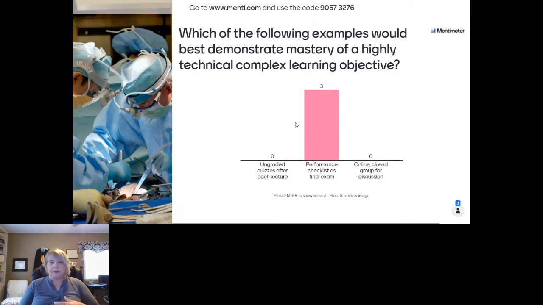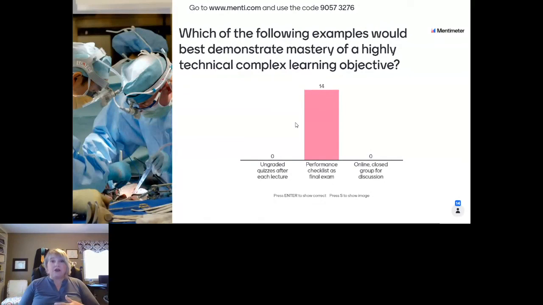Okay, absolutely. So that performance checklist cannot be overstated, because as long as the instructor is equitably and equally grading that checklist for each student and providing the same level of feedback for each student, that performance checklist is going to be much better at proving the student has mastered the complex skill than a multiple choice test can.